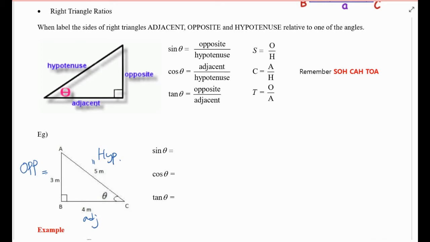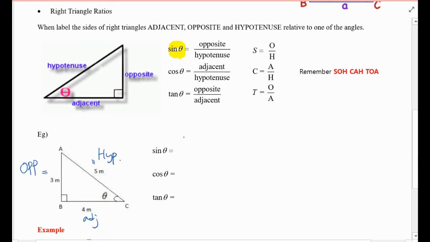Okay, let's move on. Now we're going to learn the ratios called sine theta, cosine theta, and tangent theta. Sine theta is the ratio of opposite over hypotenuse. So opposite divided by hypotenuse is the ratio of sine theta.